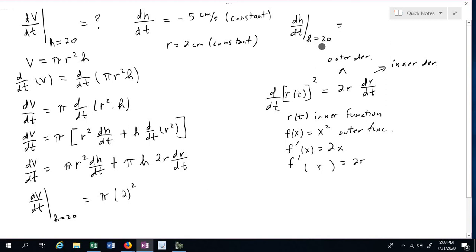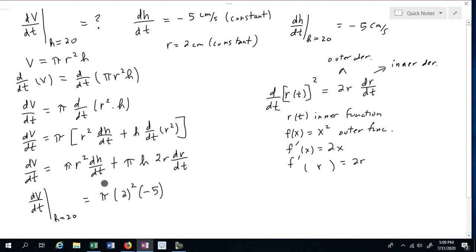That's what this is asking. But we know it's always negative 5 centimeters per second. It's constant throughout the entire problem. So in particular, when h is 20, it's still negative 5 centimeters per second. So I'm just going to plug negative 5 in for dH/dt right when h is 20.